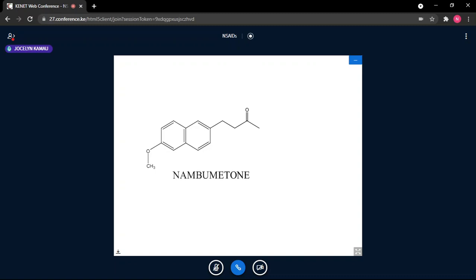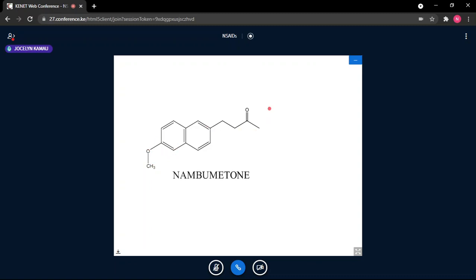So we are done with the propionic acid derivatives, and of course we have nabumetone. When you look at nabumetone, you can see it's non-acidic; it can't fit in the other categories because of its structure. The structure is similar to naproxen in that it has a 6-methoxy group, which we said at that position introduces maximum activity.